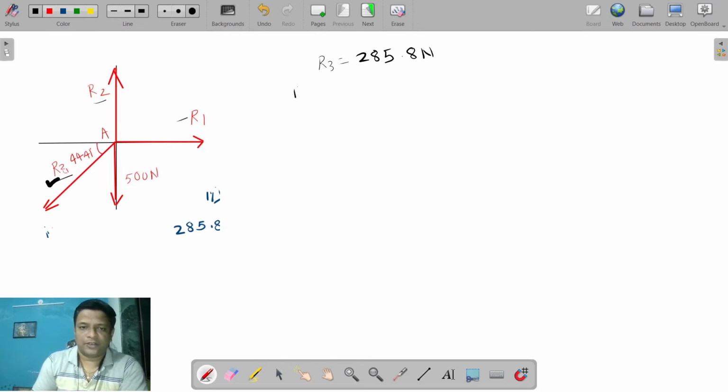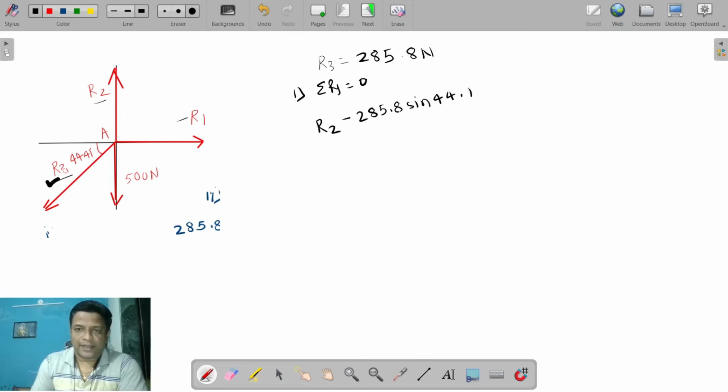So first we'll use the condition of equilibrium, that is summation of Fy is equal to 0. For R1, there is no vertical component. R2 is present. It is upward, so positive. Then this R3 lies in the third quadrant, so it is negative. 285.8 value is known, sine 44.41 is the angle.